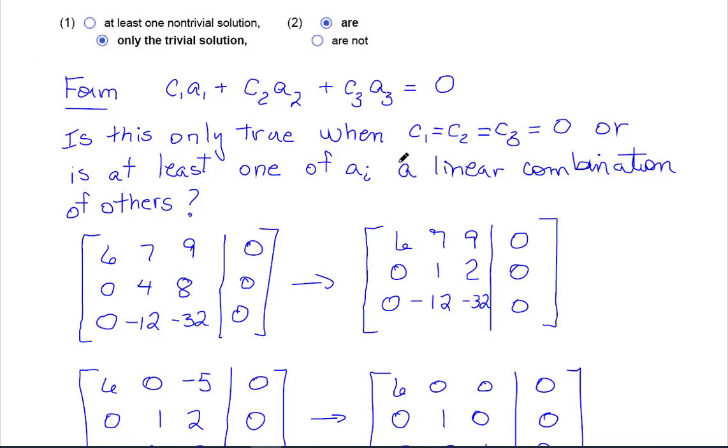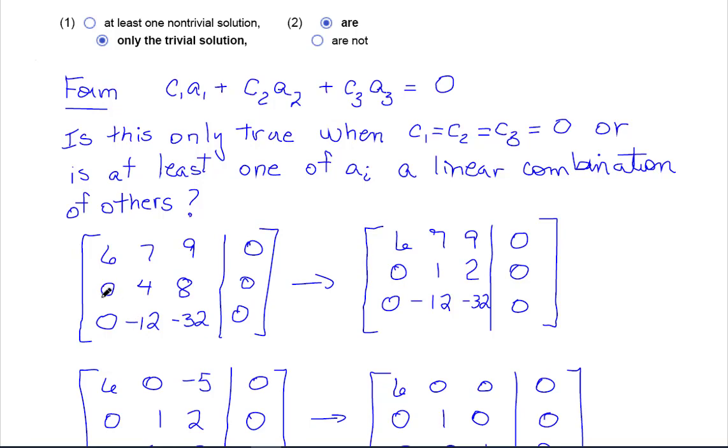Or is it possible that at least one of these vectors can be written as the sum of some combination of the others? So the way to do this is we see if we can solve this equation for C1, C2, C3, and we see if the trivial solution is the only solution.